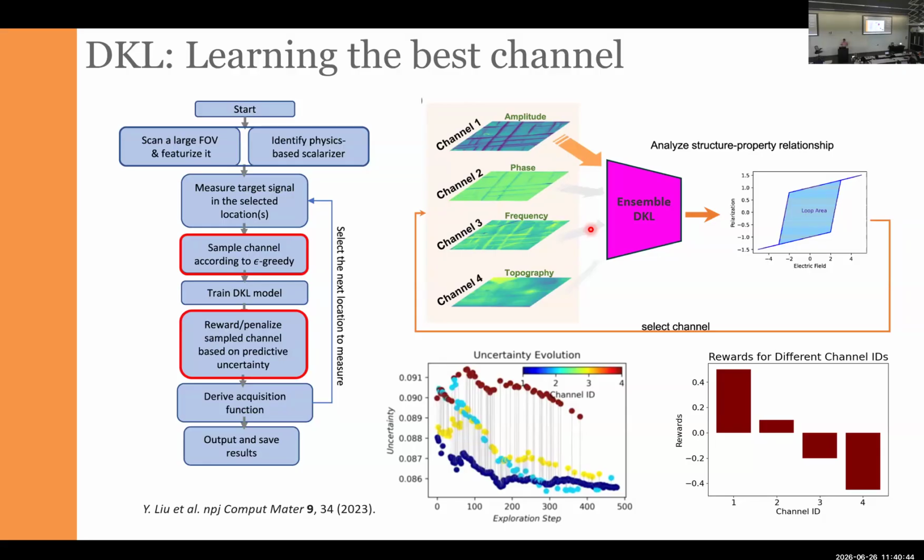So this is a kind of bandit problem. In scanning probe microscopy, we typically have multiple parallel channels. So it's not a bandit problem because we acquire all the data at the same time. But at the same time, if we build any kind of decision-making algorithm, we need to choose which of the channels is used as the primary channel.